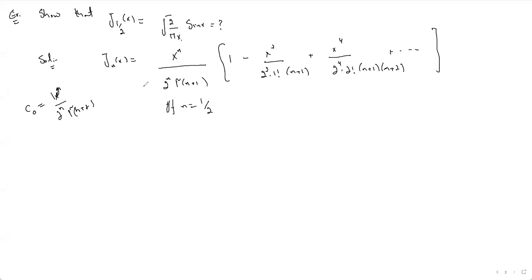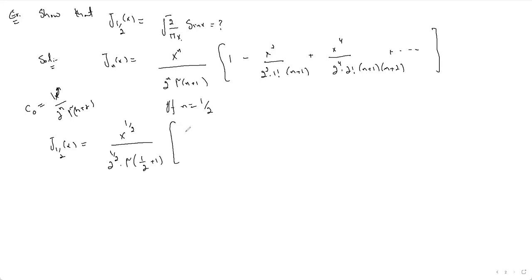If n is equal to 1 by 2, what will this equation become? So it will become j half of x. Okay, it will be like x raised power n is 1 by 2 divided by 2 raised power n, that is 2 raised power 1 by 2, gamma of n plus 1, that is 1 by 2 plus 1. Is it okay?